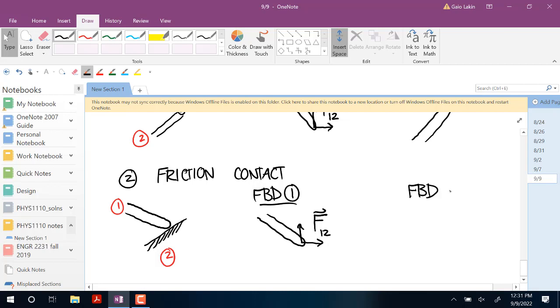And a free body diagram of body 2 looks like this with a force on 2 by 1. And then for our purposes, since we want to use as few variables as possible, the important thing is noticing that that's negative force on 1 by 2.